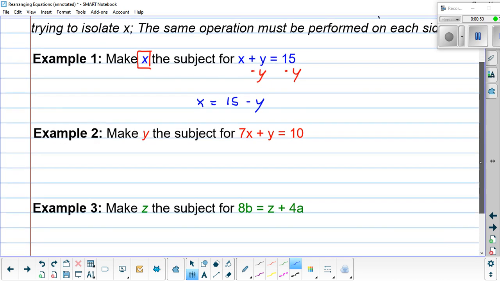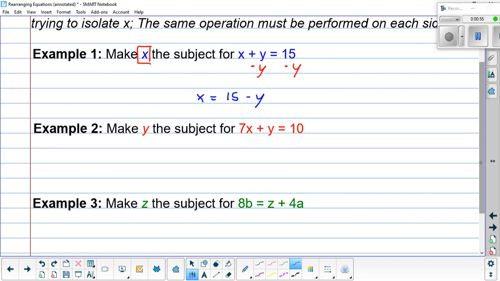Next one that we're going to look at, we want to make y the subject. So we want to leave this side over here with y alone this time. We want to move that 7x over to the other side. If we have positive 7x on the left, how do we get rid of plus 7x?